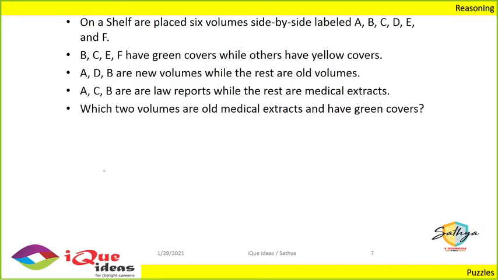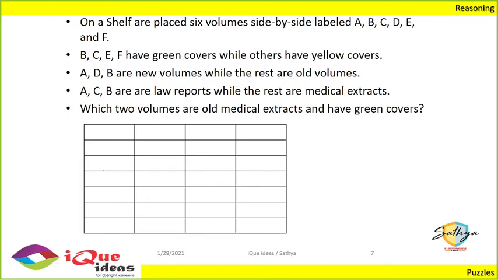So let's take an example, right? For example, it is given that on a shelf are 6 volumes side by side labeled A, B, C, D, E, right? So what I'm going to do is I'm going to fill in this data. I have A, B, C, D, E, and F as my 6 books.